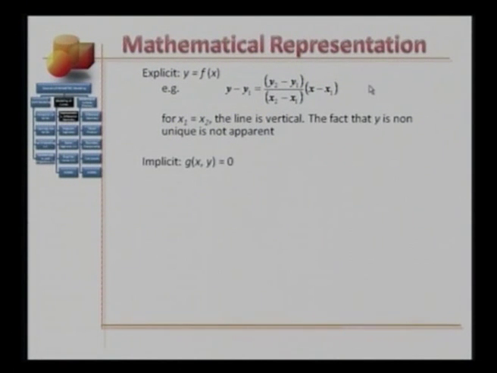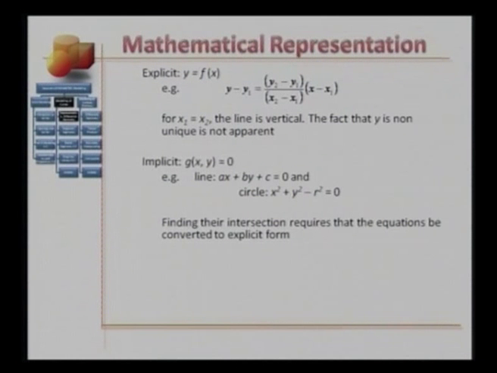Another case: implicit representation, where independent and dependent variables are expressed together in a function g of x and y equals 0. From this equation, it's not very clear which variable is dependent. For example, the equation of a line, ax plus by plus c equals 0, and the equation of a circle, x squared plus y squared minus r squared equals 0.